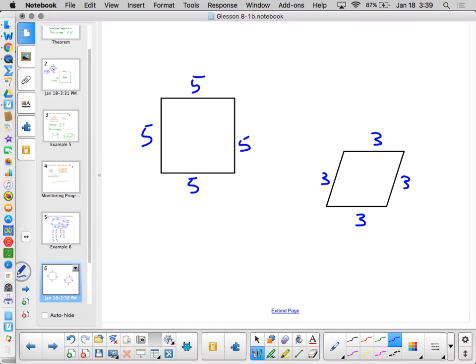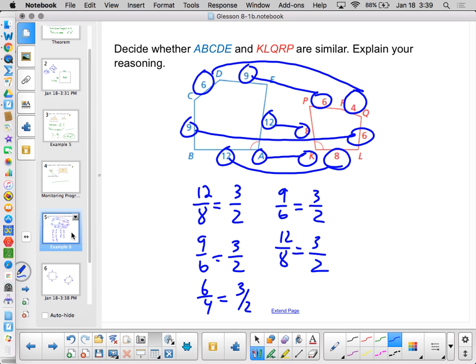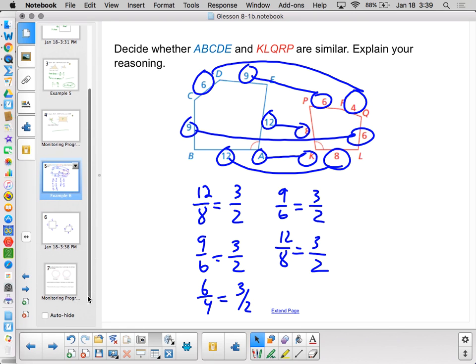But are they similar figures? No. So just having the same scale factor all the time doesn't guarantee it's going to be similar. However, when I throw in all the sides plus a corresponding angle, we're getting closer to the idea of proving that two things are similar. We're going to spend a lot of time dealing with that concept in the future.